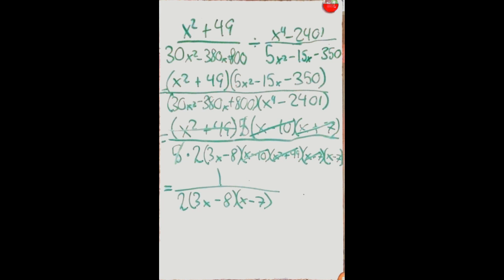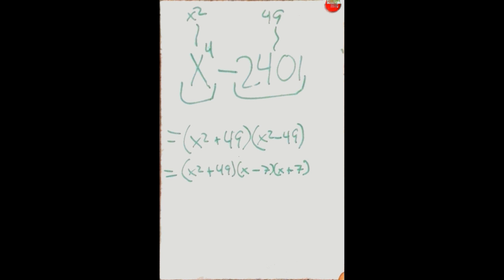Okay, now that we see how to solve that one, we can finally move on to the last expression, which is x to the power 4 minus 2401. So let's see how to do that one. In order to do this one, you've got to find the square root of x to the power 4 and 2401.